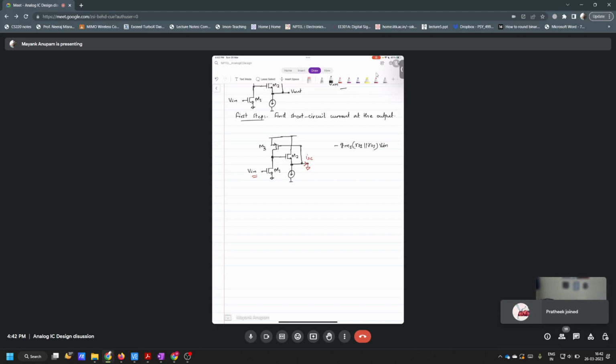So this is not true, right? Because when this is grounded, this is also grounded. Now this is very easy to see; everyone can solve this, isn't it? What is the short circuit current now? That quantity multiplied by GM2.